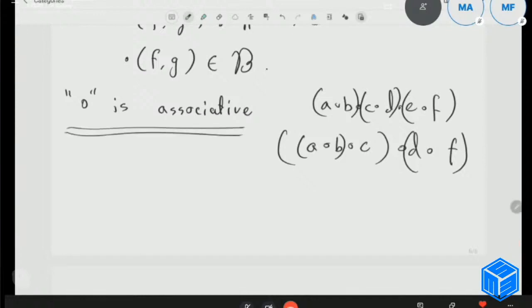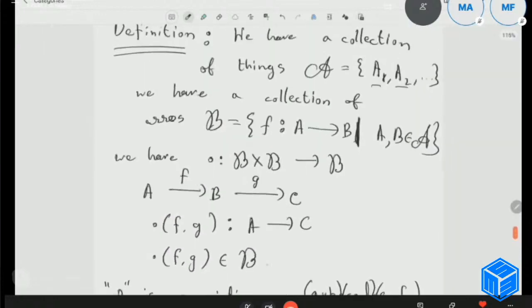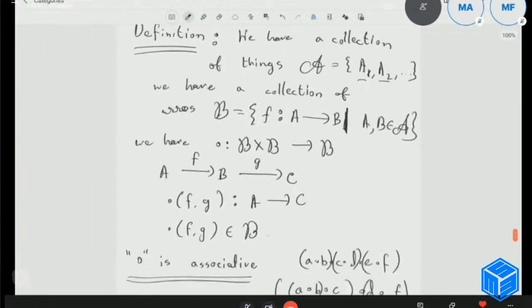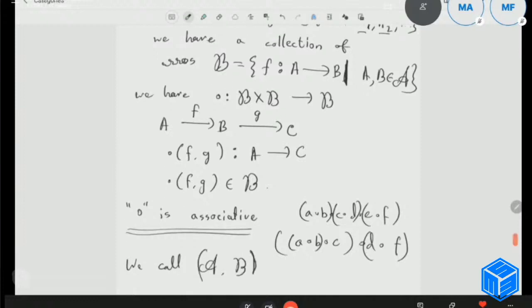So once we have all the structure, we call A, B, and this composition operation a category, roughly.